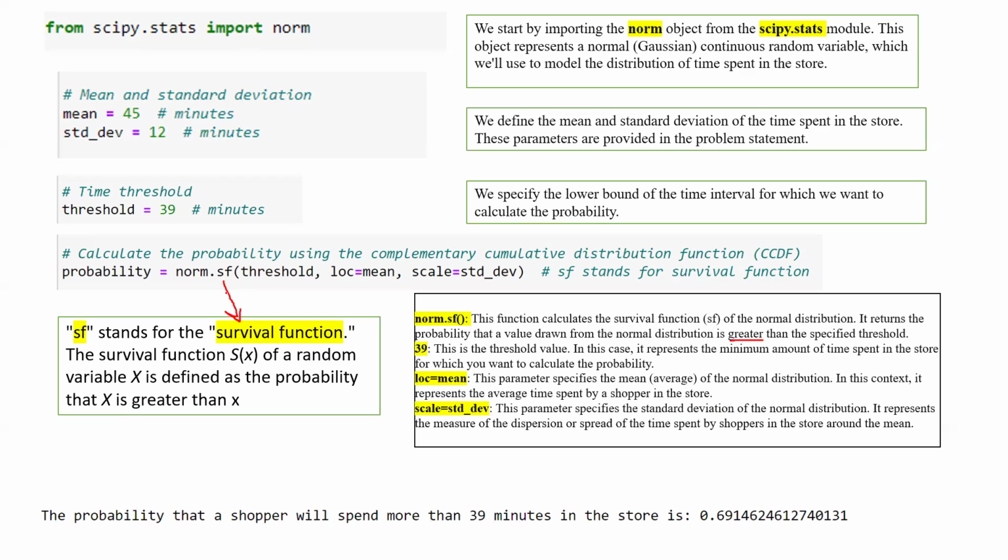So we went over different types of probability functions for you. One of them was norm.cdf, and the other one is norm.sf. If I ask you to find the probability that x is more than a specific value, you can always use norm.sf. Make sure to have your threshold. If you're using z, convert this into z.